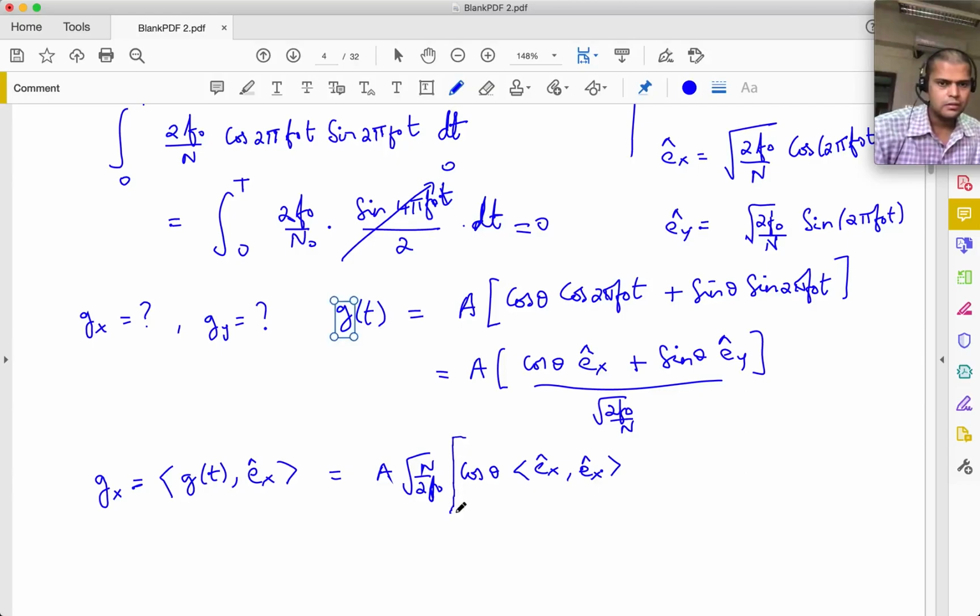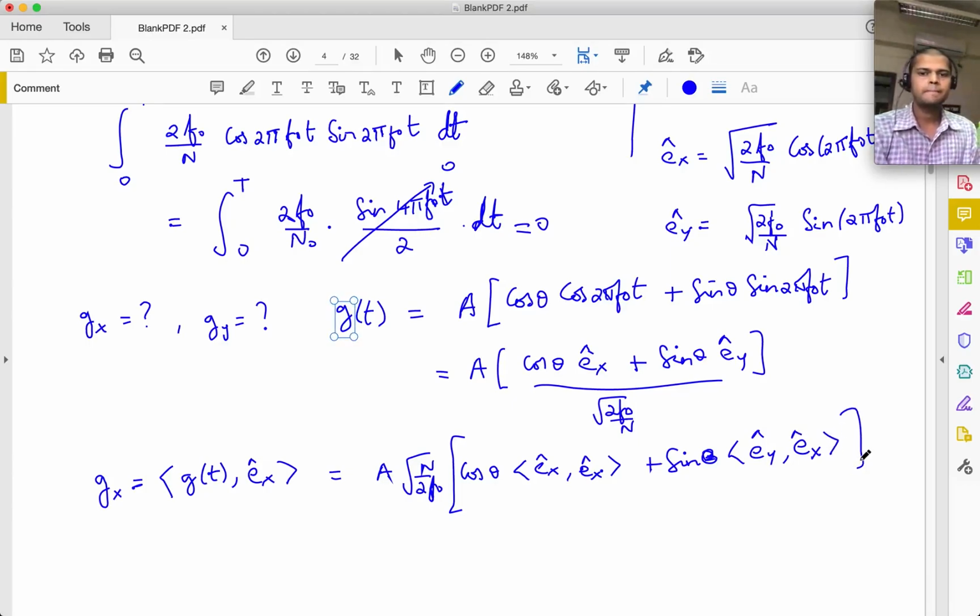Plus sin theta, dot product of ey with ex. So this goes to 0 from what we know, and this of course goes to 1.